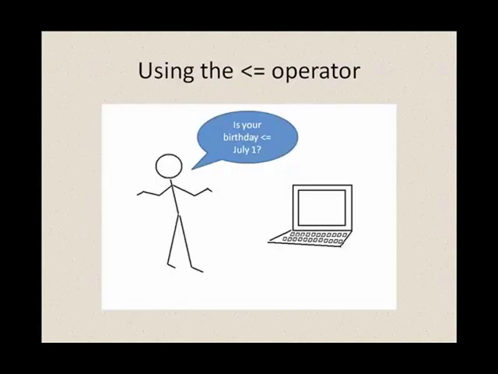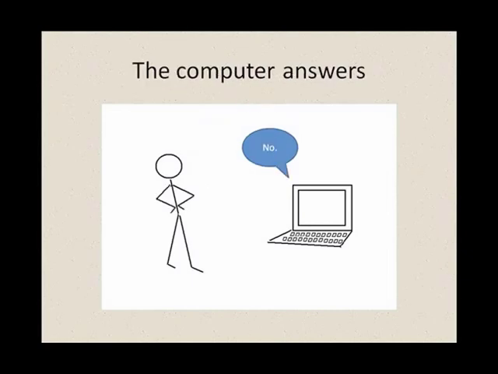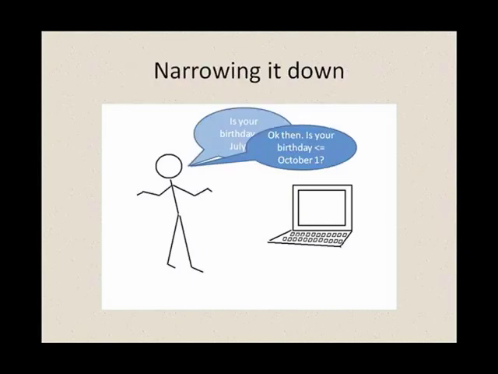So, to find out the computer's birthday, perhaps using the less than or equal to operator, you might start in the middle and say, is your birthday less than or equal to July 1st? Does it come before July 1st in the year? And supposing the computer's birthday is August 3rd, the computer says no. So then you might ask, okay then, it's not before July 1st.